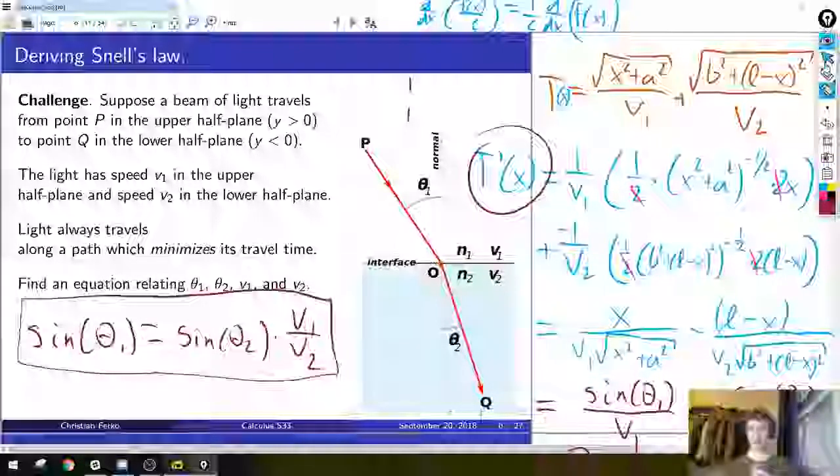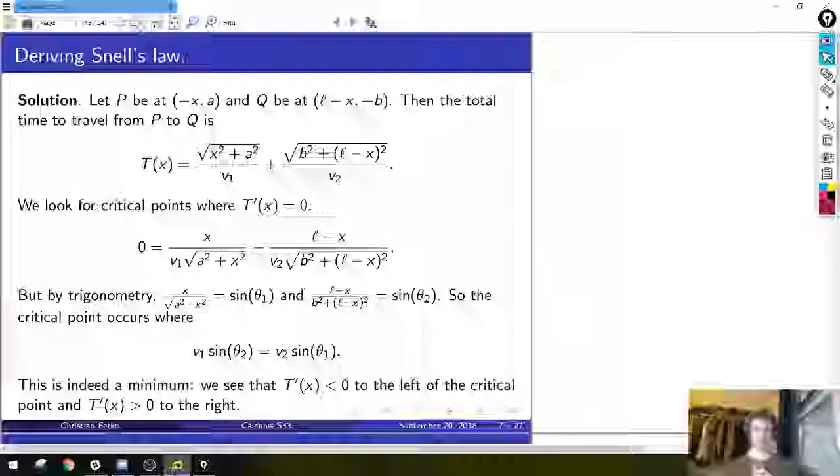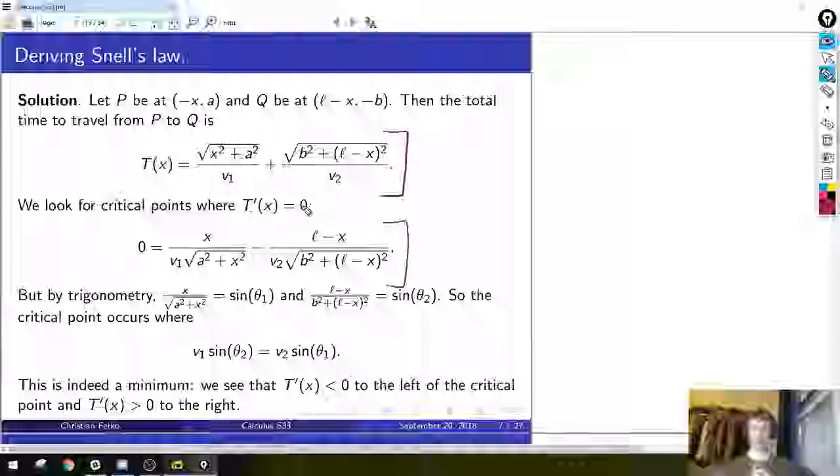I'll show you the next slide that writes it a little more nicely, in LaTeX. So the same thing you just told me: write the total travel time as a sum of these two Pythagorean distances divided by the speeds. Set the derivative of the result equal to 0, and solve.